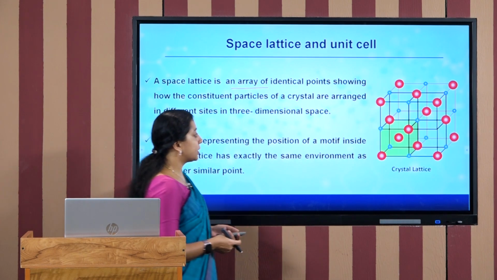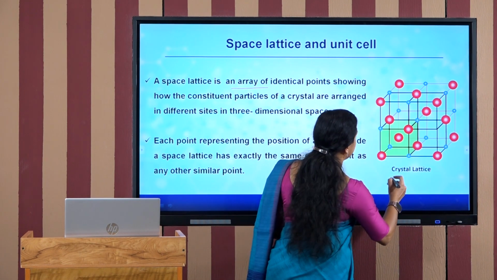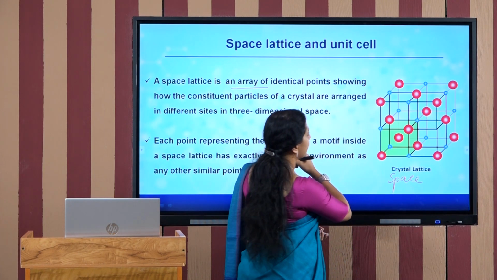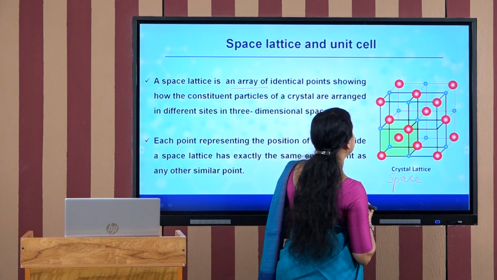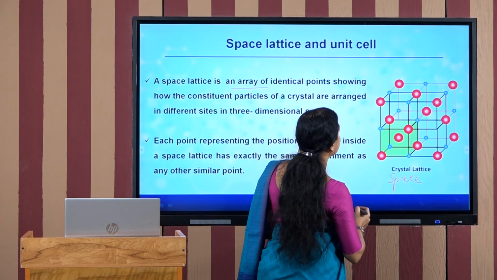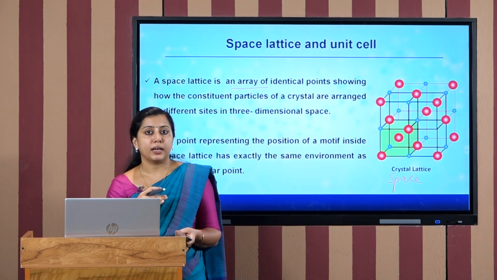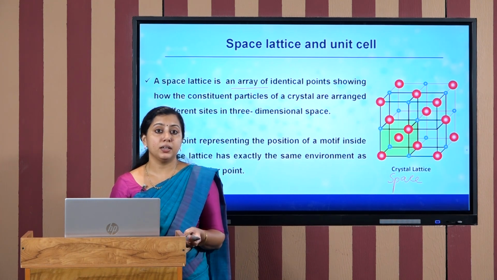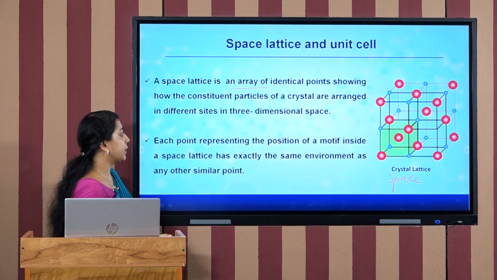So, on the screen you can see the crystal lattice, which is also called the space lattice. So, you can see red and blue colored atoms occupying the lattice points.